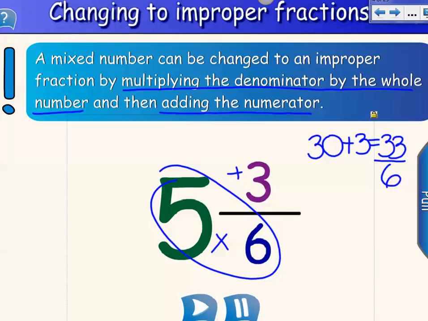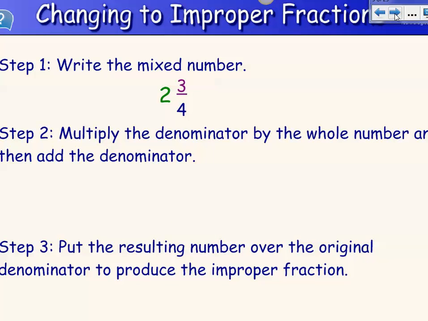Let's do one more example on our notes packet. Step 1, write the mixed number 2 and 3/4 on your notes paper. Step 2, multiply the denominator by the whole number, and then add the numerator.